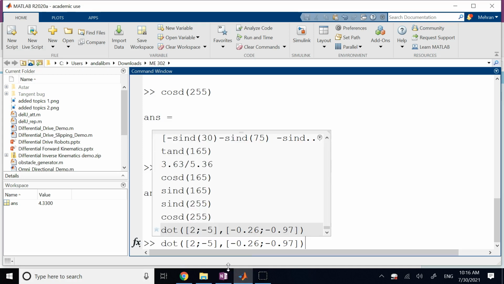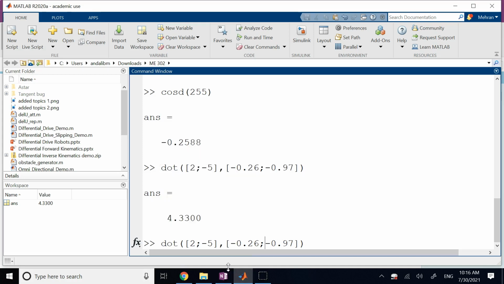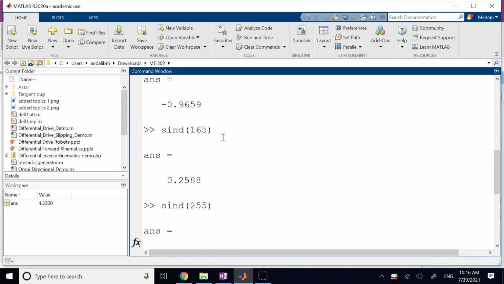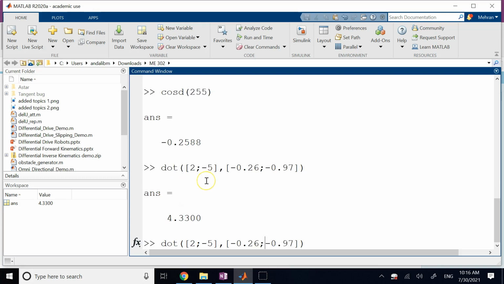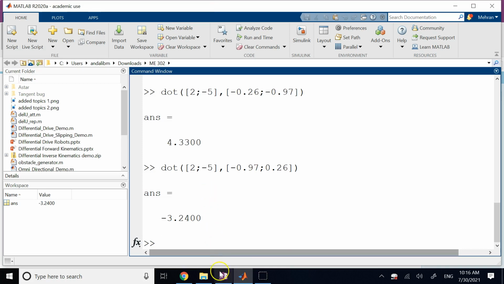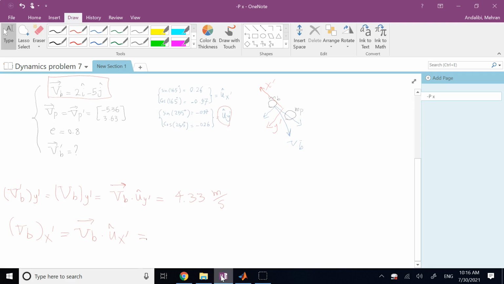For that one, it is going to be the same, except that the cosine of 165 is negative, and the sine of it was positive. So we have to do it like this, correct? And you see it is a negative number, negative 3.24, and we expected it to be negative, so it is completely fine.